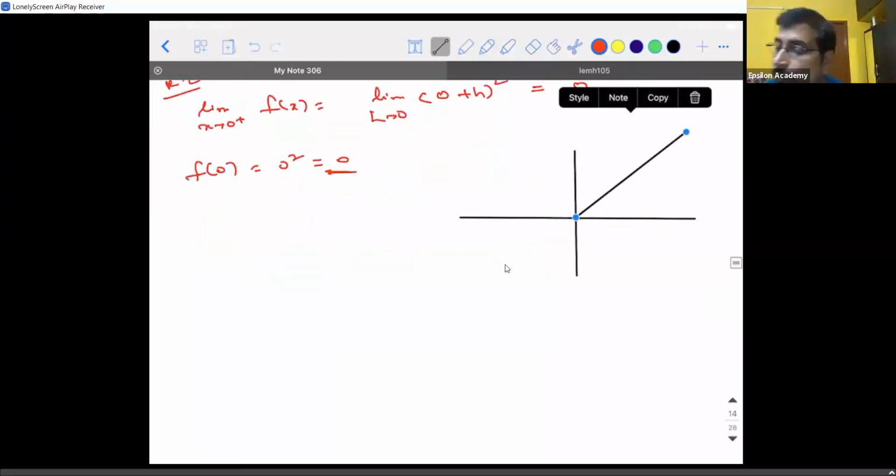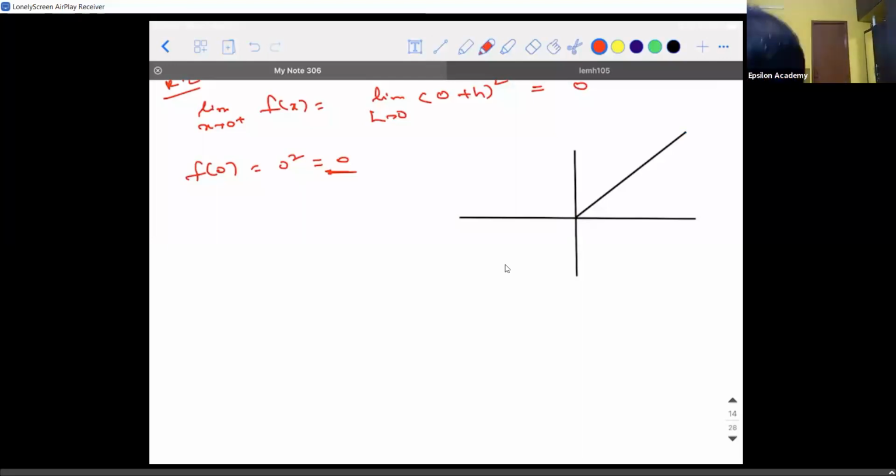Now f of x is equal to x square. y is equal to x square represents an upward parabola. So the upward parabola is going to exist from here till this point. So they both meet at this point, hence the given function is continuous at this point. This is y is equal to x square, this is y is equal to x.